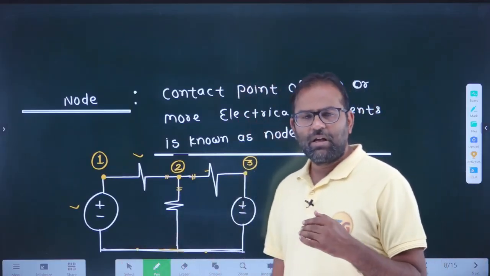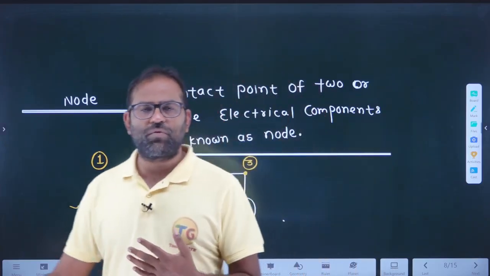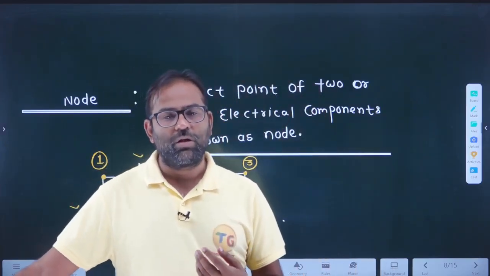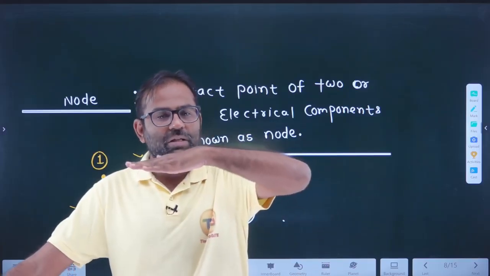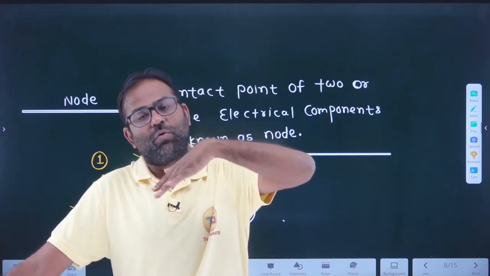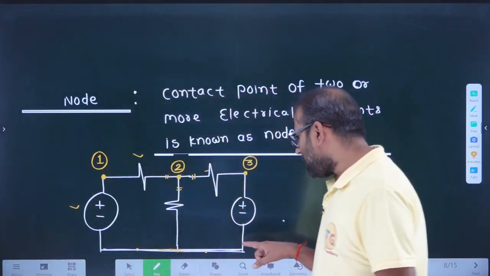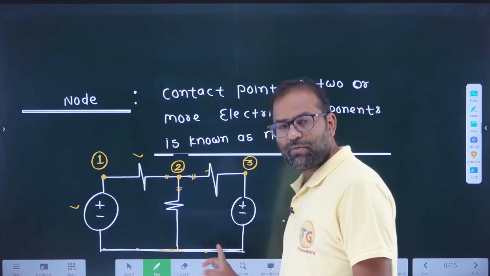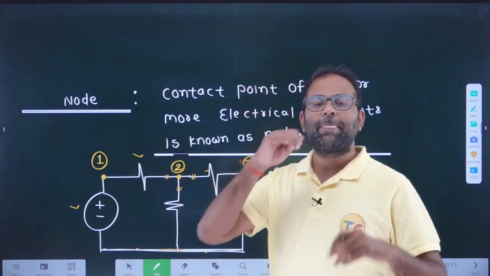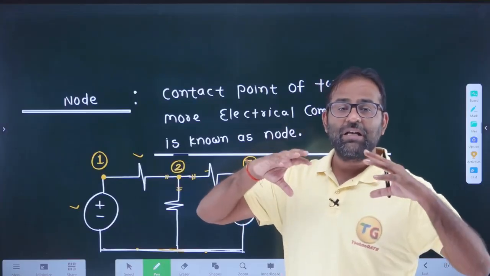Common point means you can take the example of water flow. If the water level is constant, there will be no flow of water. So we are saying there is no potential difference here. If I call these node number 4, 5 and 6, then I should say 4, 5 and 6 are the same node.